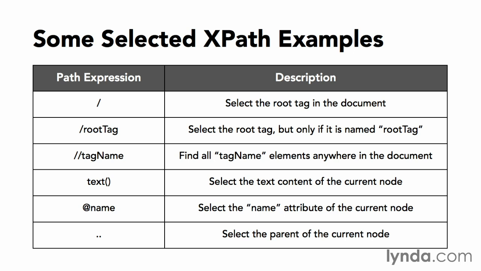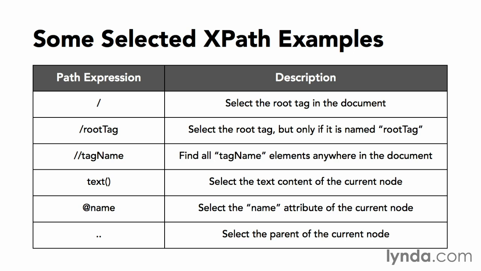If I had /firsttag or something else, then it would select the root as long as it was named that. The next example with 2 slashes says, select all the elements named tagname, regardless of where they are found in the document. So if I had tagname elements scattered throughout the file, then this would get all of them.